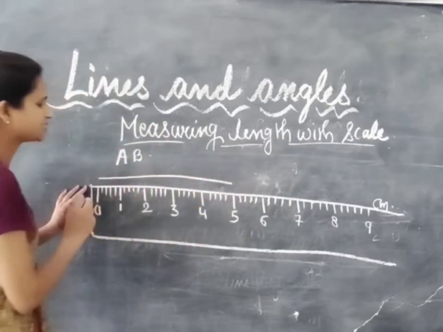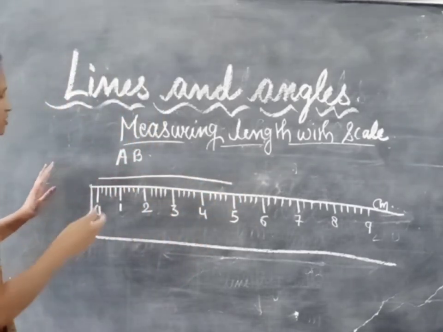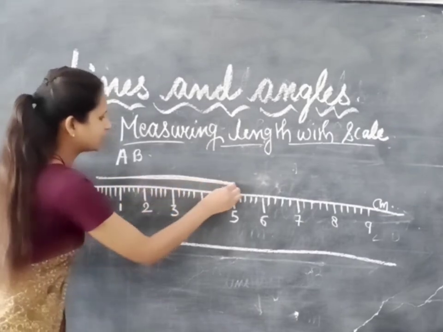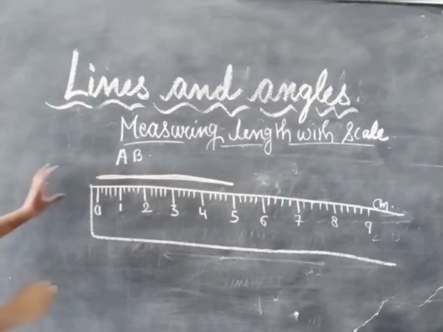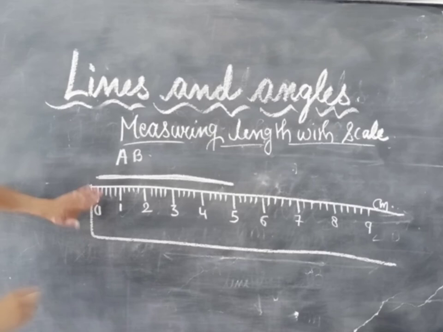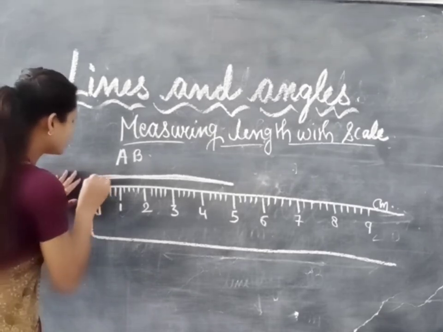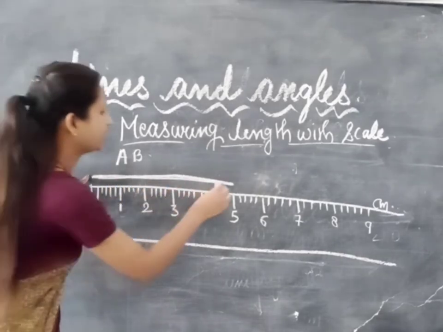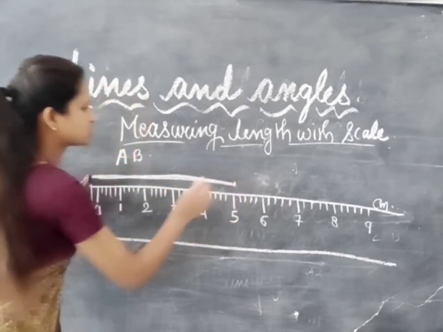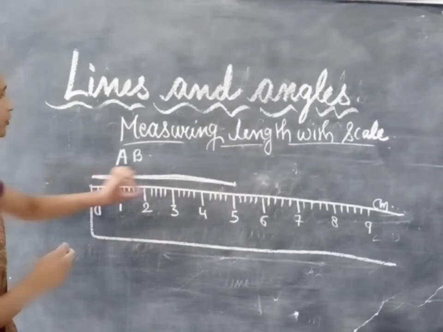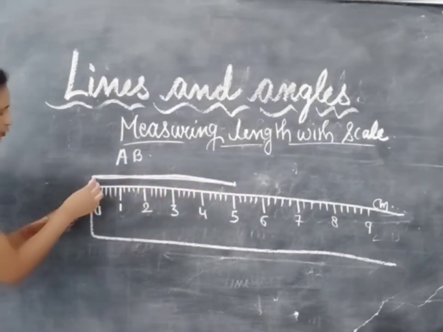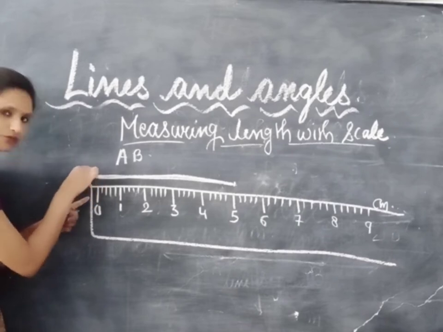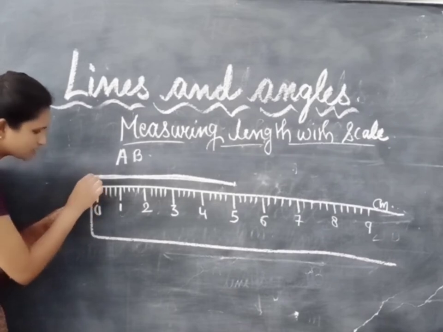Suppose this is a line AB in your book. Now, you have to place your ruler on this line and start from 0. Suppose the first end point is this and the last end point is this. This is the starting point and this is the end point. So, you have to place the point at 0.